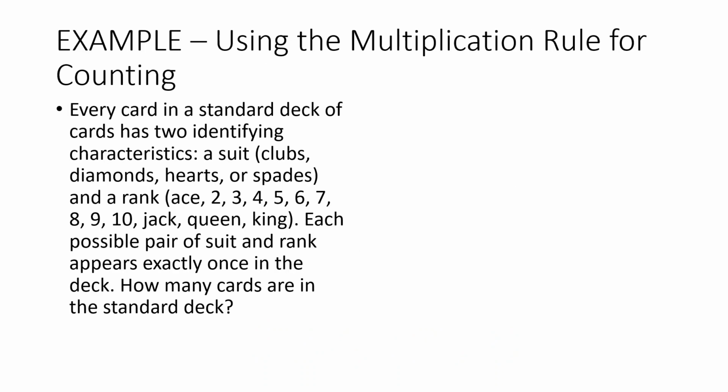So using the multiplication rule for counting, it says every card in a standard deck of cards has 2 identifying characteristics. A suit, so that could be clubs, diamonds, hearts, or spades, and a rank, and that would be ace through king. Each possible pair of suit and rank appears exactly once in the deck. How many cards are in the standard deck? If we think about this, you have 4 choices of suits.